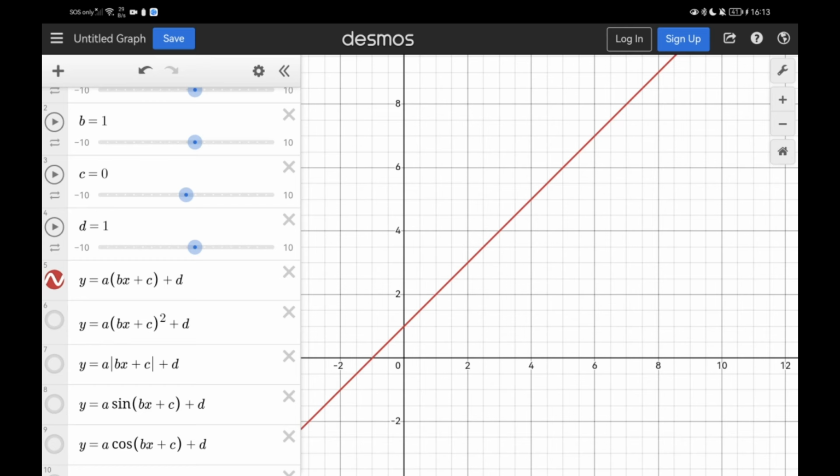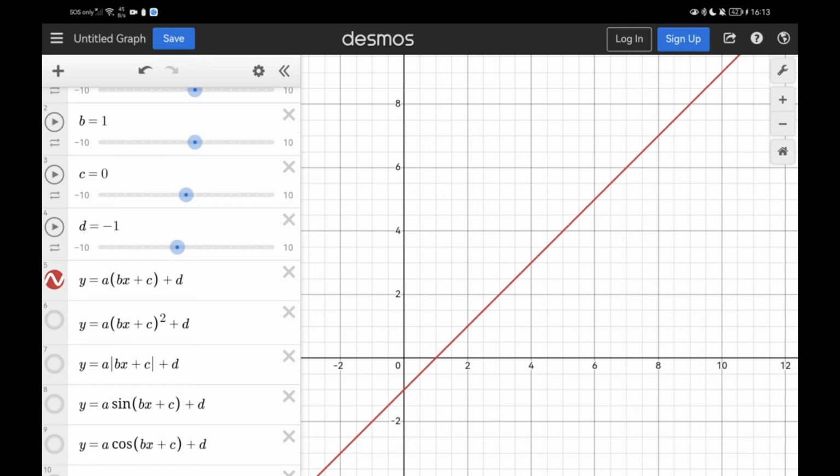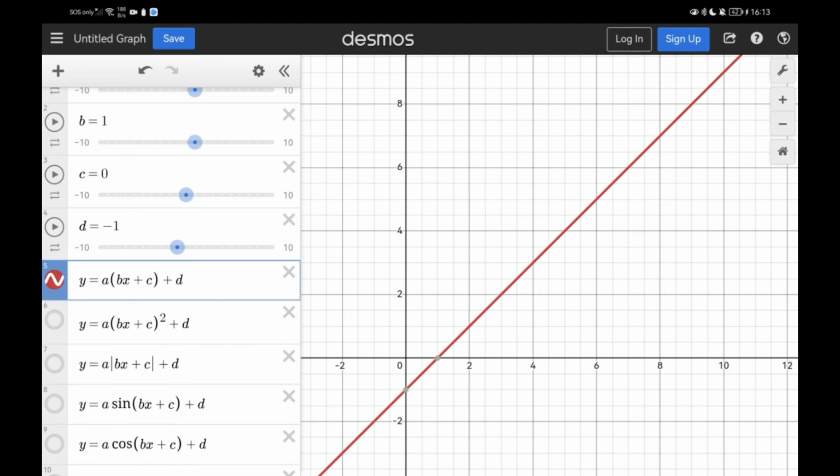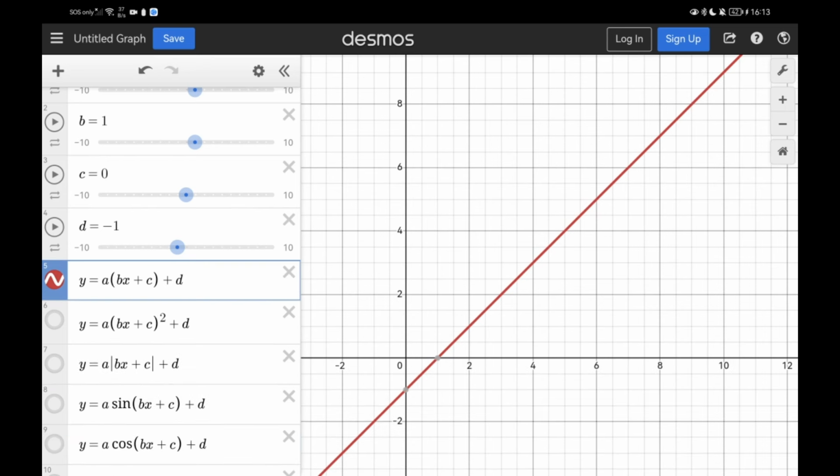If you want to move downwards by 1 unit, your graph should look like this, with the -1 intersection. So for this d, it is a translation of (0, d), where you change the y-intercept in this linear function.